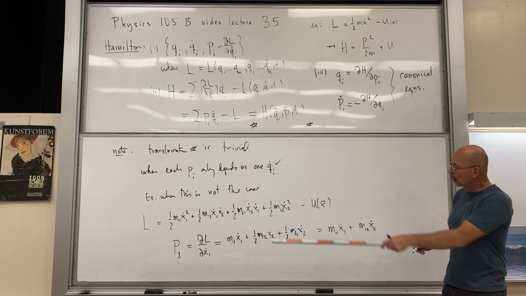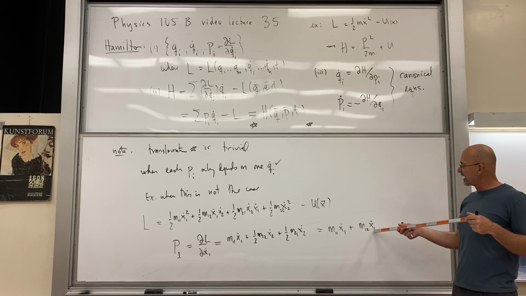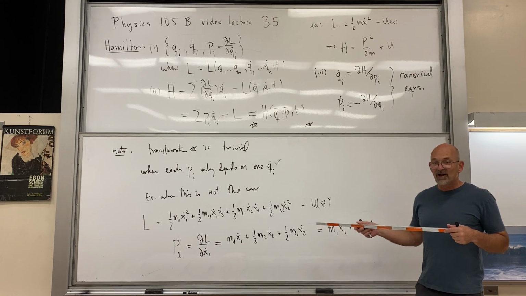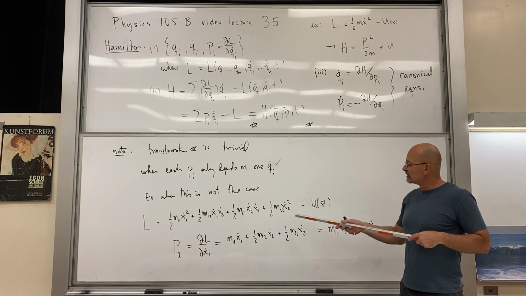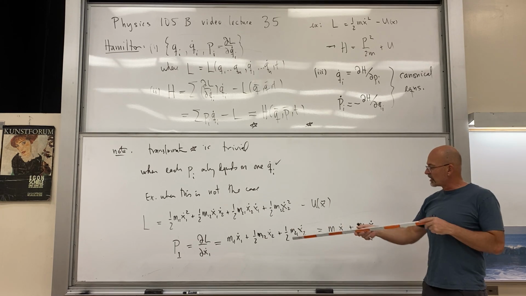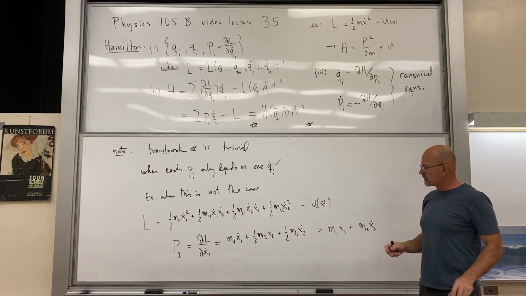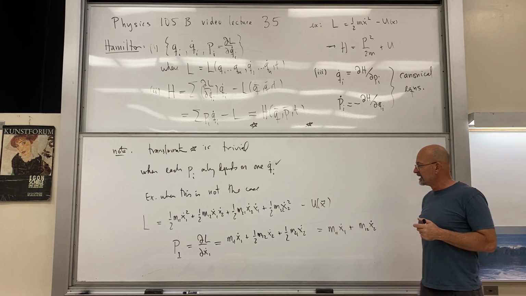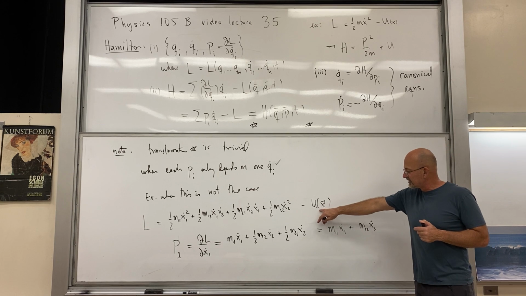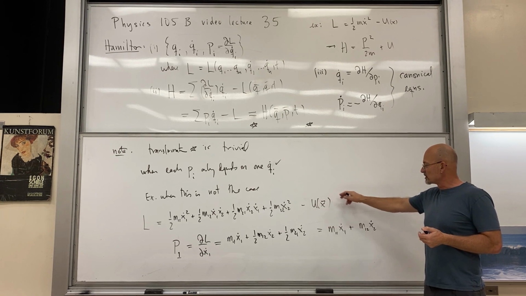So now you have P1 depends on x1 dot and x2 dot, and you're going to have to do a little linear algebra to turn this thing into a Hamiltonian, and we're not going to do it, but I just wanted to point that out. So we could say this is an off-diagonal example. And it's from small oscillations. You know, you could write the half k ij squared as well.